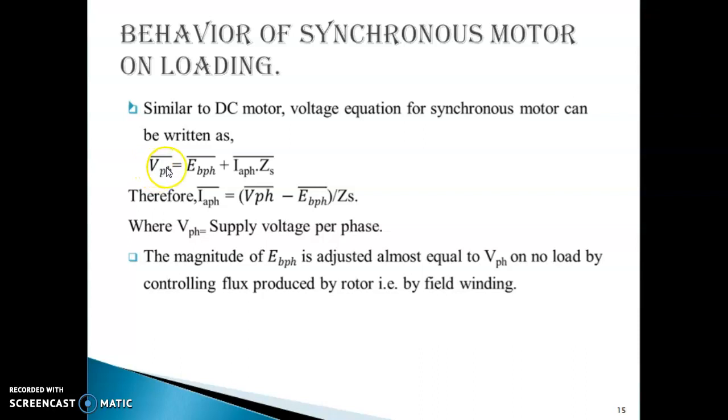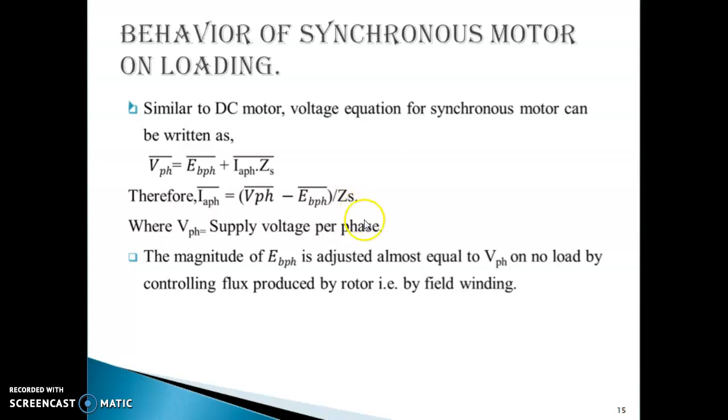So this is the supply voltage per phase equals back EMF developed per phase plus armature current per phase into stator impedance, or it is called synchronous impedance also. So from this equation I can find out the value of Iaph. So Iaph = (Vph - Ebph) divided by Zs.